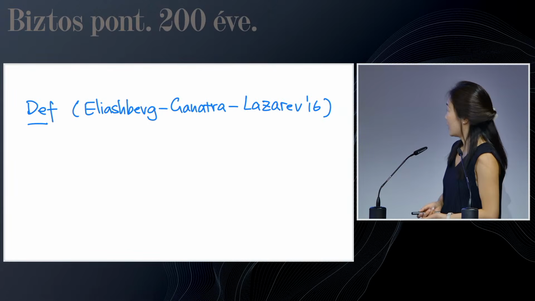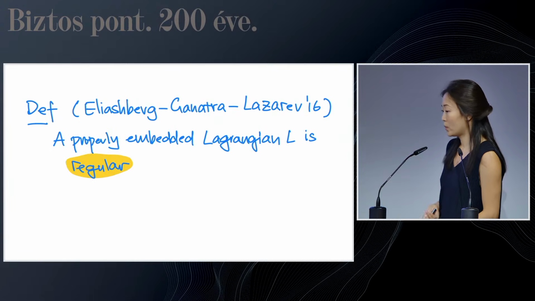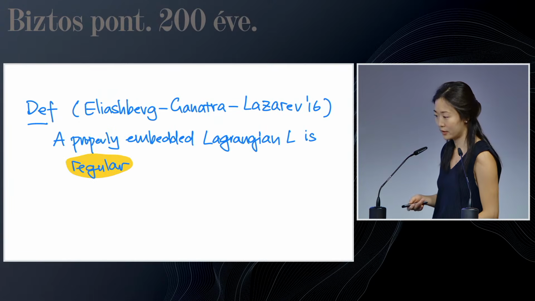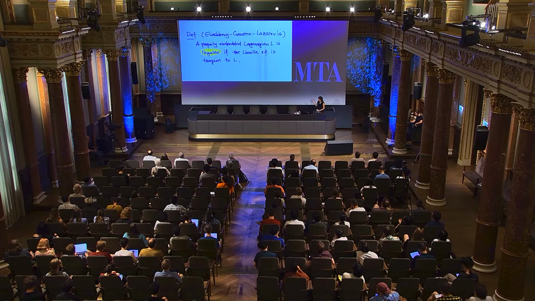Finally, among the Lagrangians, we want to study, for this talk, the regular Lagrangians. These are Lagrangians that are tangent to the Liouville vector field, in the sense that the Liouville 1-form vanishes on the Lagrangian.